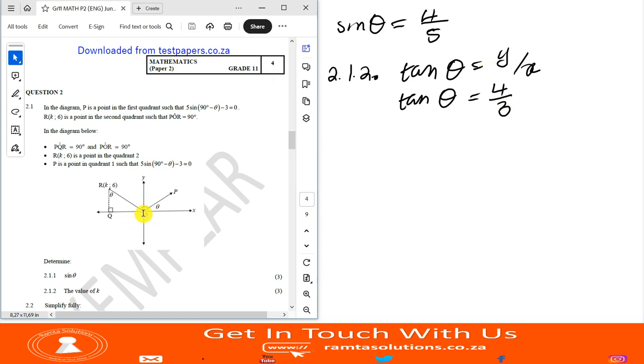Now, in this triangle ORQ, what is tan theta? I will use tan theta because I have k and 6, which are x and y.